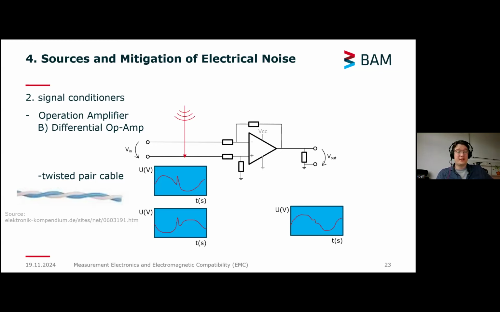If something couples into both cables at once, then the differential operational amplifier will add both signals, and because the coupling effect will have the same effect on both cables, the impulse itself would get suppressed and subtracted by this differential operational amplifier.